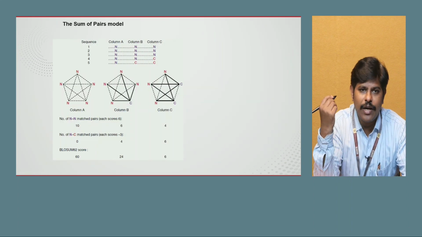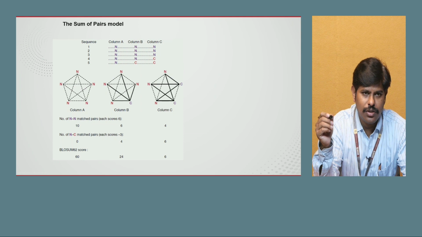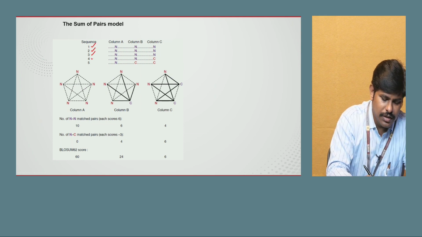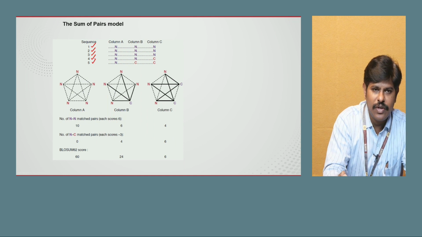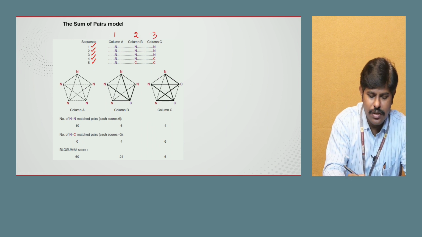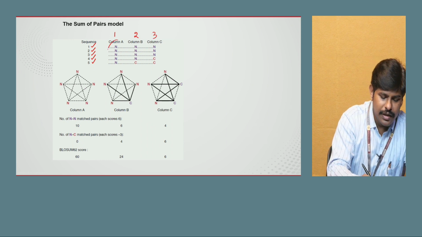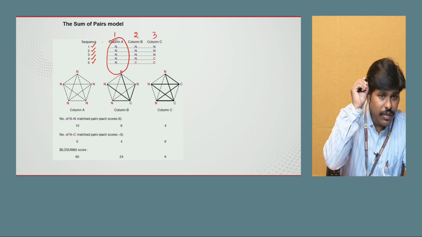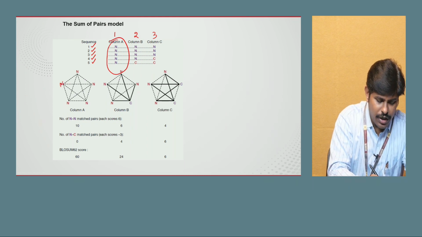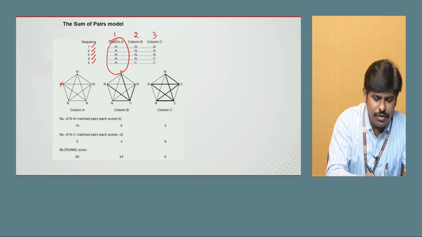Assume that I have 5 sequences: sequence 1, sequence 2, sequence 3, sequence 4, sequence 5, and position 1, position 2, position 3 in these 5 different sequences. So what I do is construct a pentagon made up of 5 points, each indicating an amino acid residue in the 5 sequences.